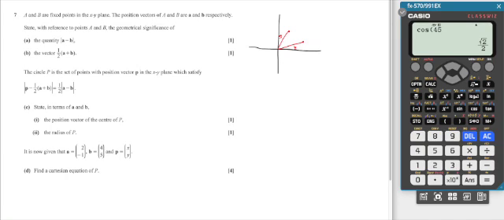Start at B and go backwards along B and then forwards along A. Gets me to there. So that is the same as doing that vector. So that there is A minus B. So the modulus bit is just talking about making it a length. So this is the length of AB.